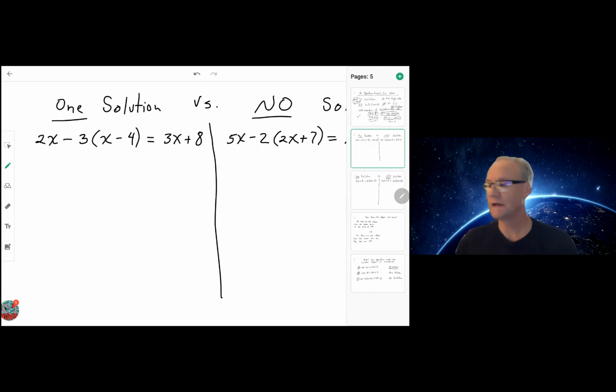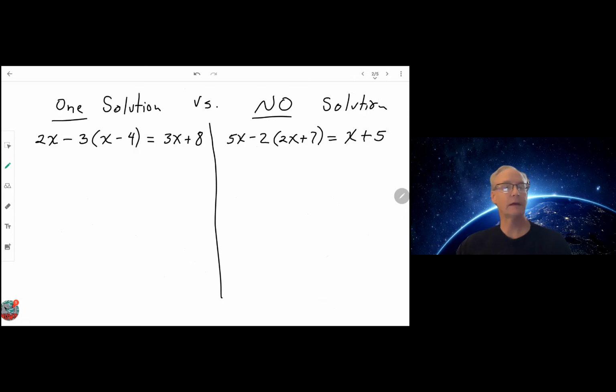I'm going to do this one side by side and show you what they'll look like in your quizzes or in your practice. A very common mistake in this situation is to want to distribute the positive 3 to both of these. You don't distribute a positive 3. This really is a -3 in front of this x minus 4.